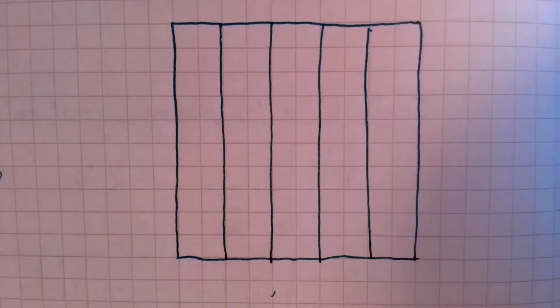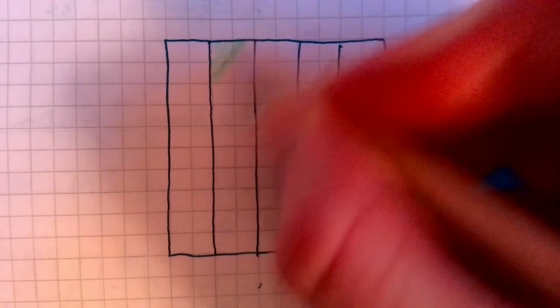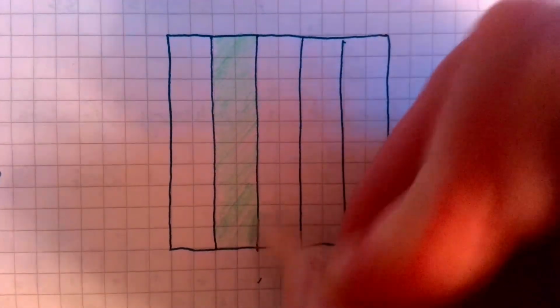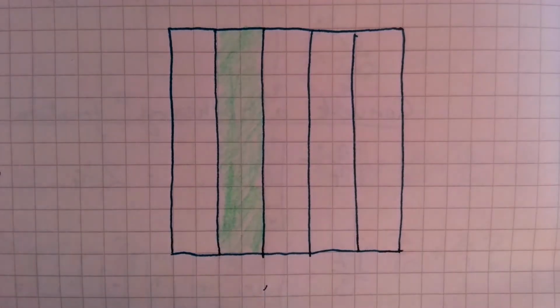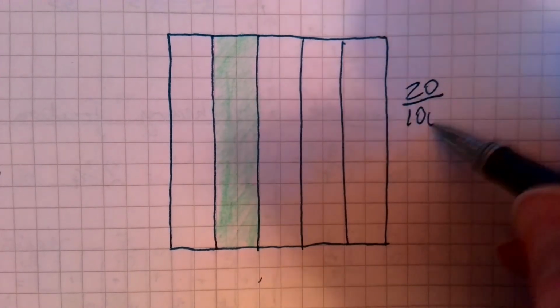except I can't find my highlighter, so let's go with a crayon, and I decide I'm going to have a look at 1/5, I've actually shaded in 20 squares out of 100.